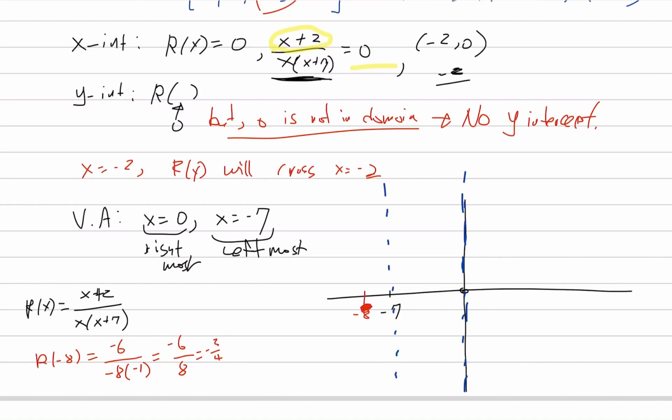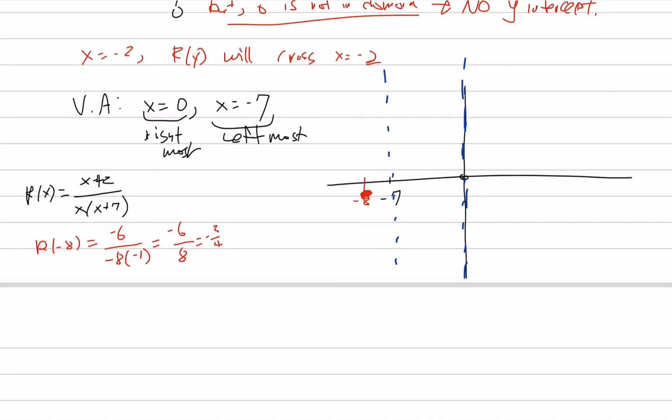Okay. Let's try negative 9. R of negative 9 gives us negative 7 over negative 9 times negative 2, which is negative 7 over 18.